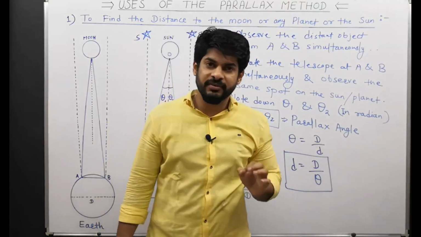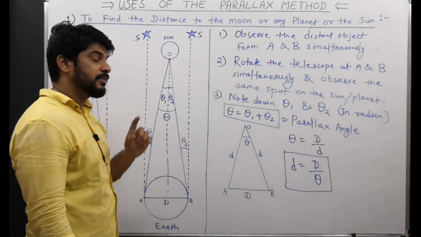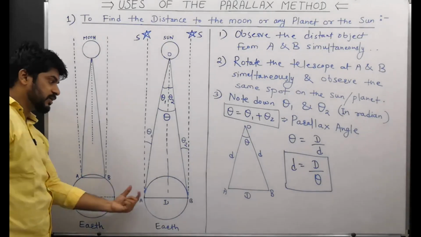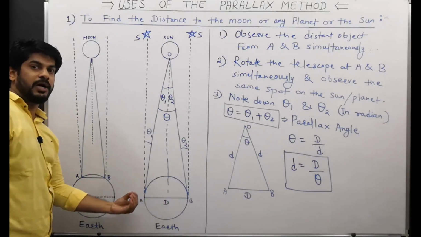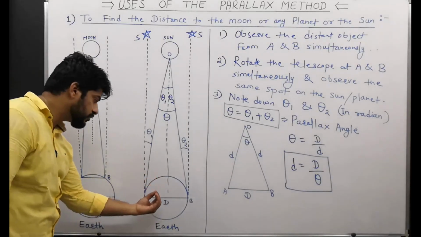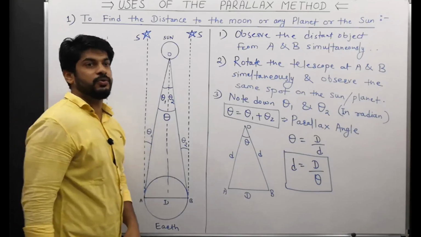I have tried to explain to you everything that people do. Why this small distance, why this big distance, why do we not use the big distance, and what will happen if you use this diameter. Everything I have talked about over here.